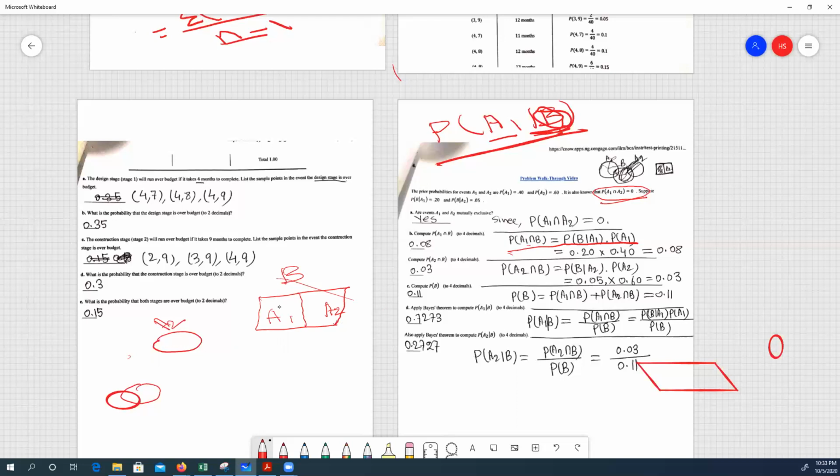So that means between A1 and B there is a common point, and the probability of A1 intersection B is 0.08.